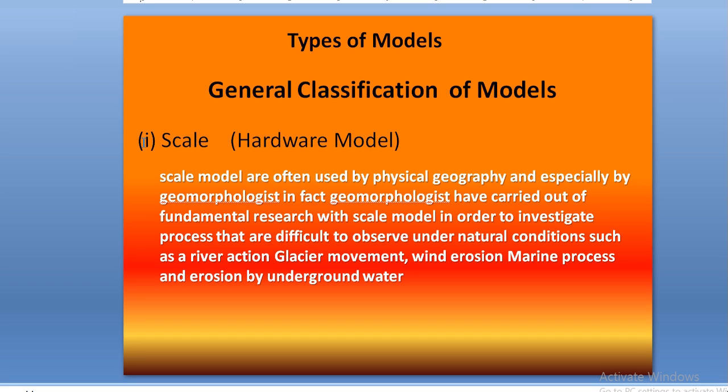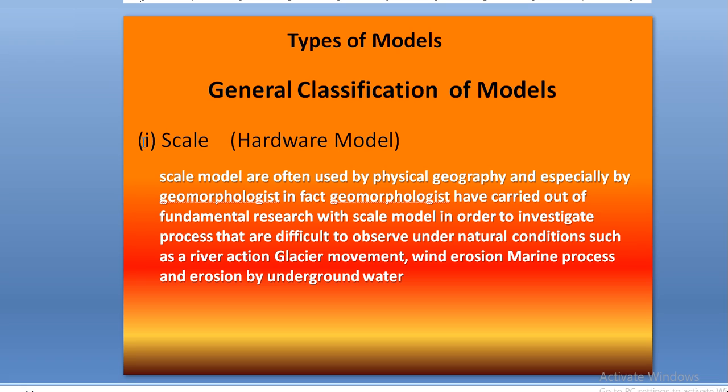Scale models are perhaps the easiest types to appreciate, as they are direct reproductions, usually on a smaller scale, of reality. Scale models may be either static, like the models of land surface or geological models, or dynamic, like a wave tank or a river plume.